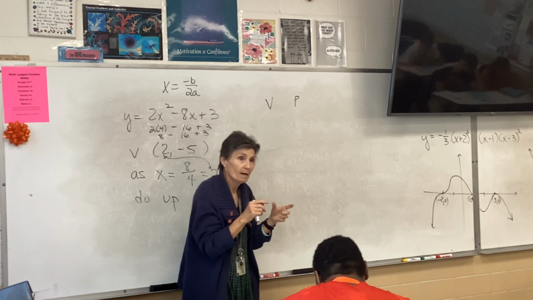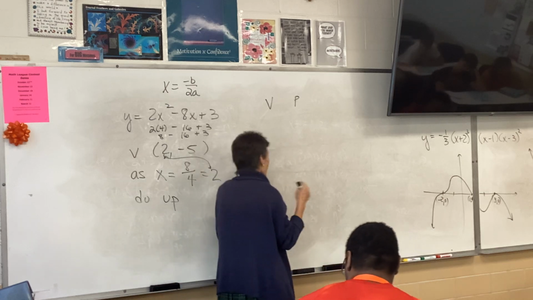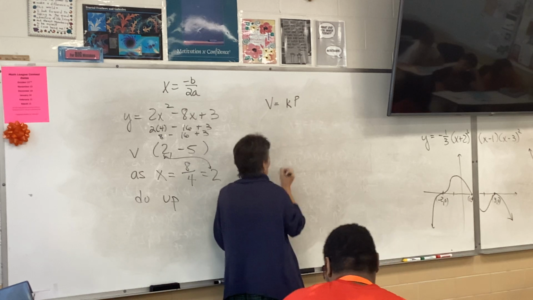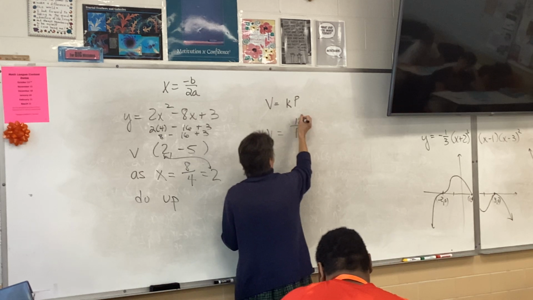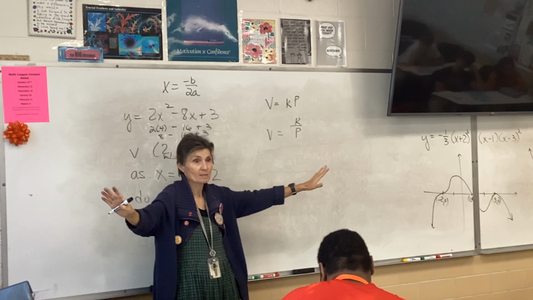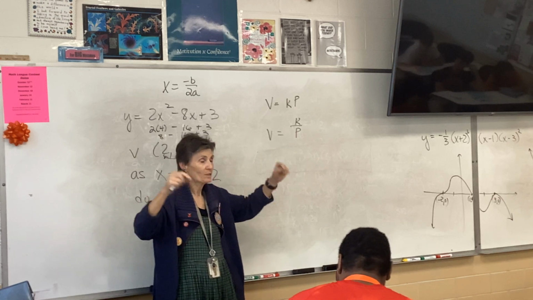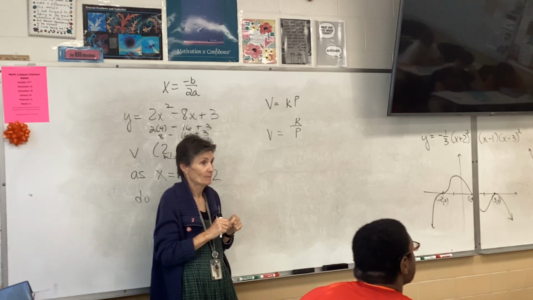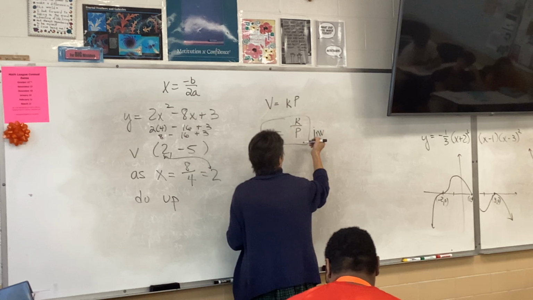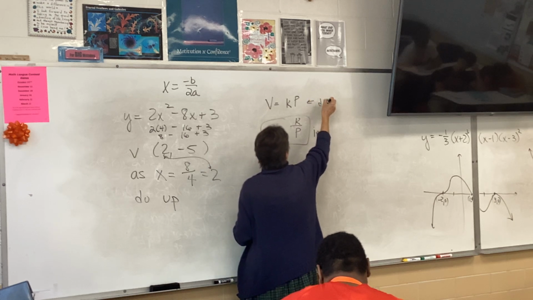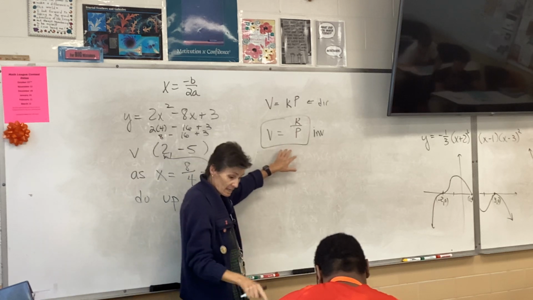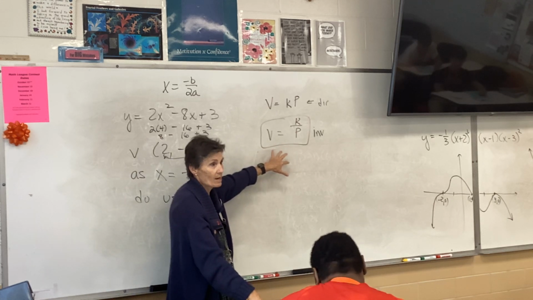The formula I use is always going to be V equals KP or V equals K over P. Those are the only options. Which one is it for this problem? The bottom one, because this is an inverse relationship and the top is a direct relationship. The word is there: inverse.